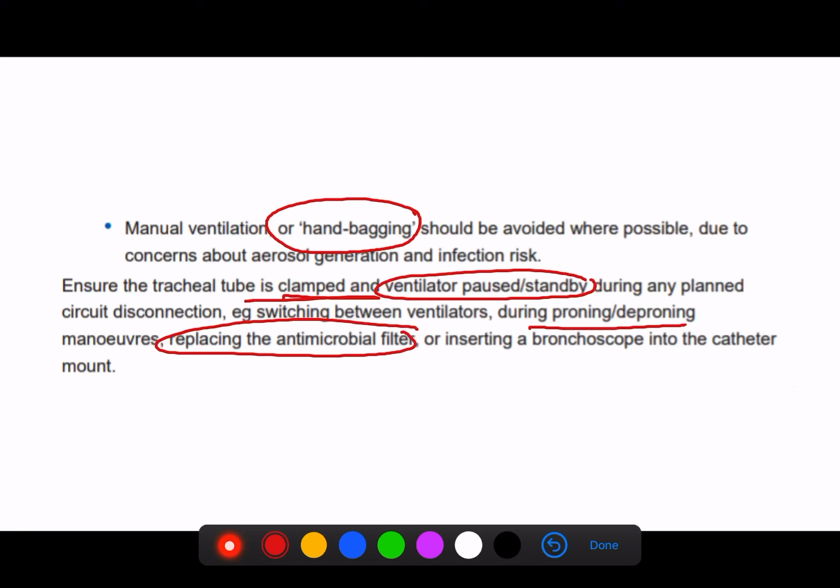And of course, when inserting a bronchoscope, it'll almost always have to be opening the circuit and as such treated as an aerosol generating procedure. But pause the ventilator. Obviously you can't clamp the tracheal tube in this case because you need to pass the bronchoscope through it.